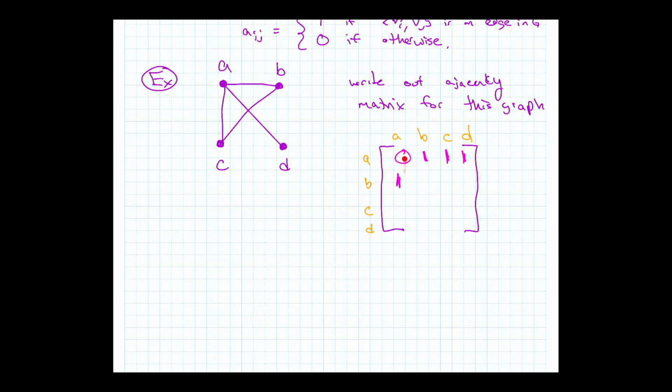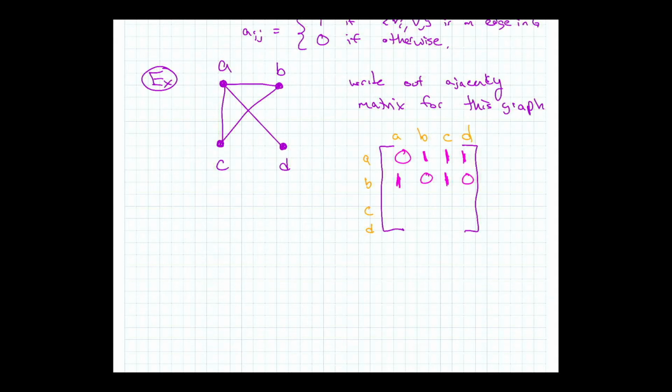AB and BA are the same thing. So if there's a 1 here, there's actually going to be a 1 here. All right, what else? B is adjacent to C. So we're looking for BC. There's a 1 there. That's it, right? B and A, B and C. There's no BB. That'd be a loop. And there's no BD because, well, we don't see it. So those are zeros.